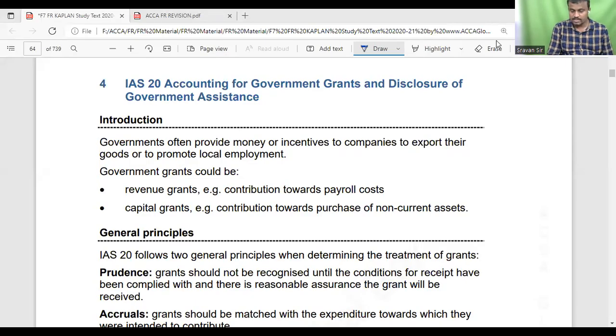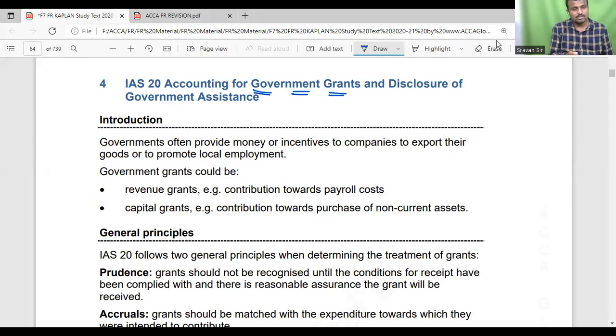So coming to the next topic, accounting for government grants. Generally, a government grant is one type of assistance provided by the government to the entity, either in monetary terms or in non-monetary terms.